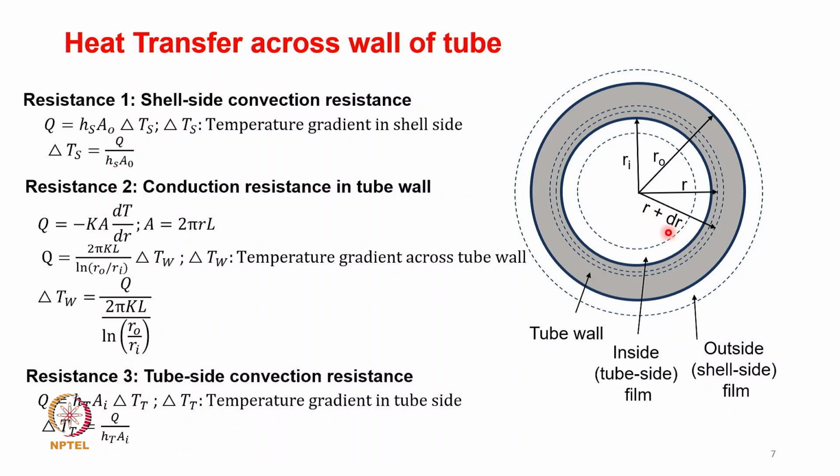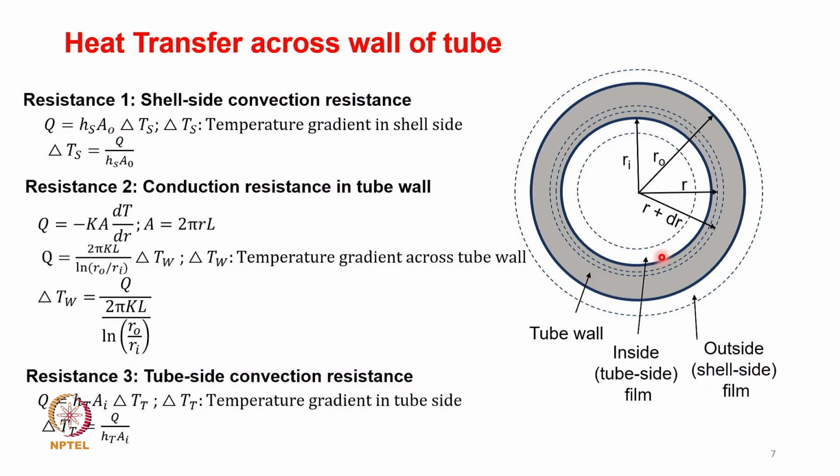Outside the tube wall is the shell side, and inside the tube there are multiple resistances to the heat transfer, in the sense that they have an opposing effect on heat transfer.